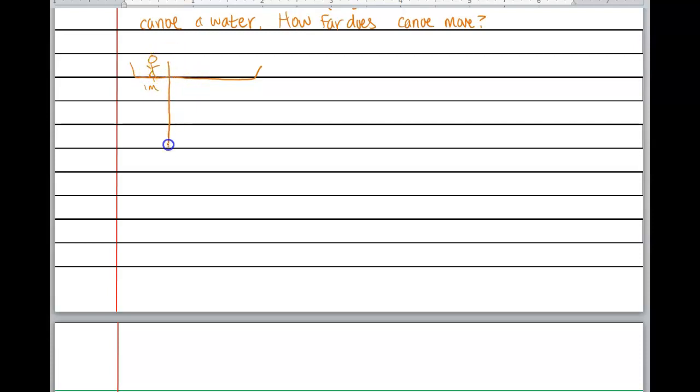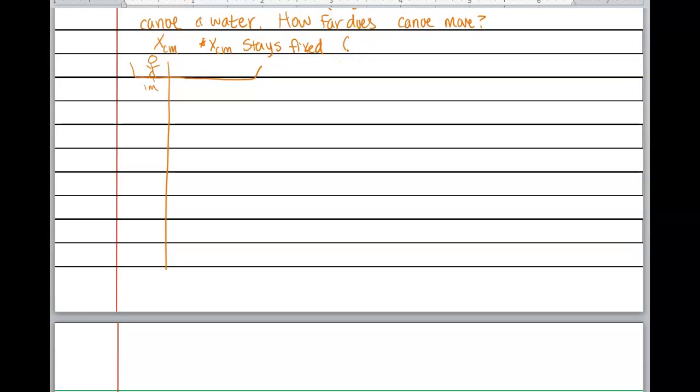So we'll draw a line all the way down, and that is the position of the center of mass of the man-canoe system. So the position of the center of mass of the two is not going to change. That's going to stay fixed. Okay, why?